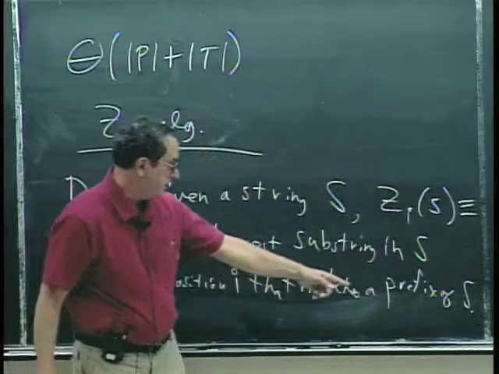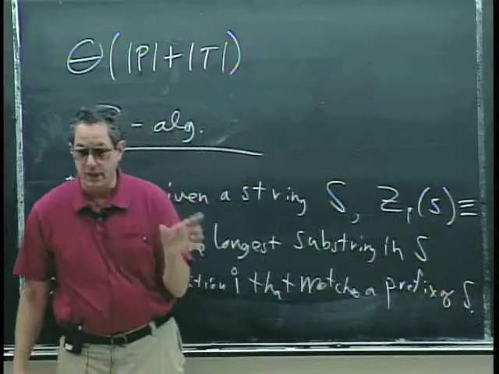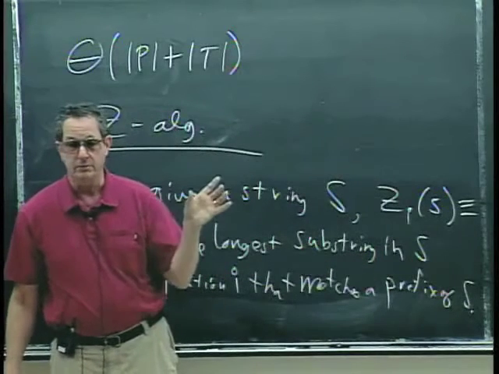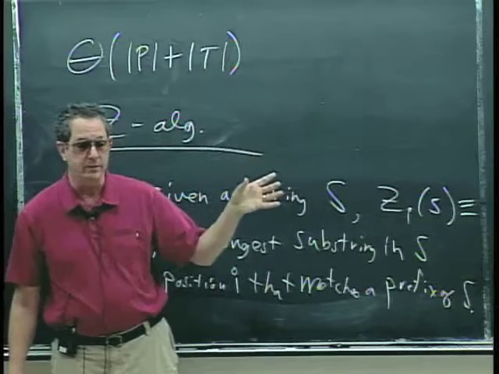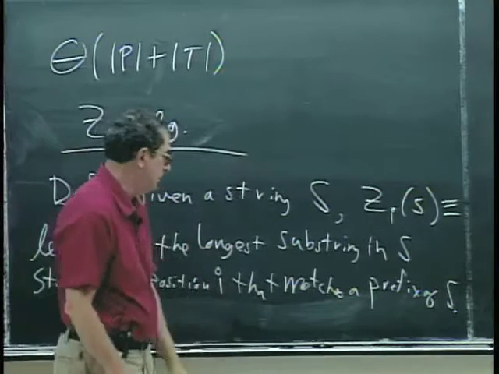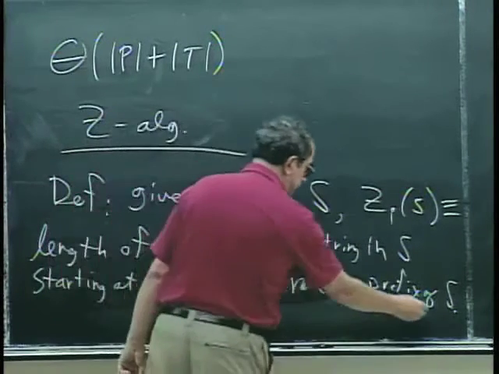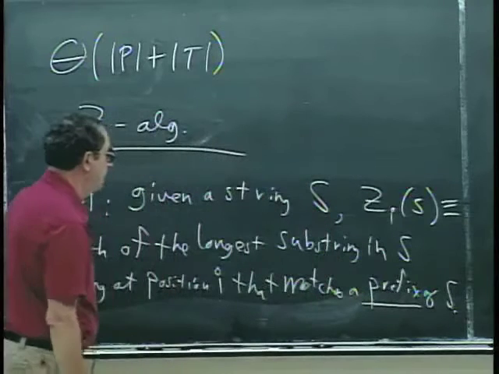Okay? Prefix is a substring at the beginning of a string. Suffix was a substring at the end of the string. We talked about suffixes last time. Now we're talking about prefixes. Okay?